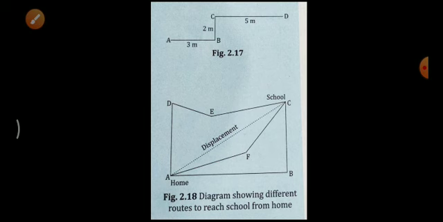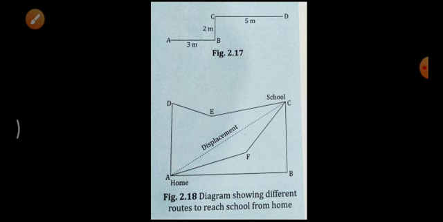But imagine if you could move directly to your school without any turn or any other type of motion or path, then what will happen? Then you shall be covering the shortest distance, as it is obvious from the sketch shown in figure 2.18.